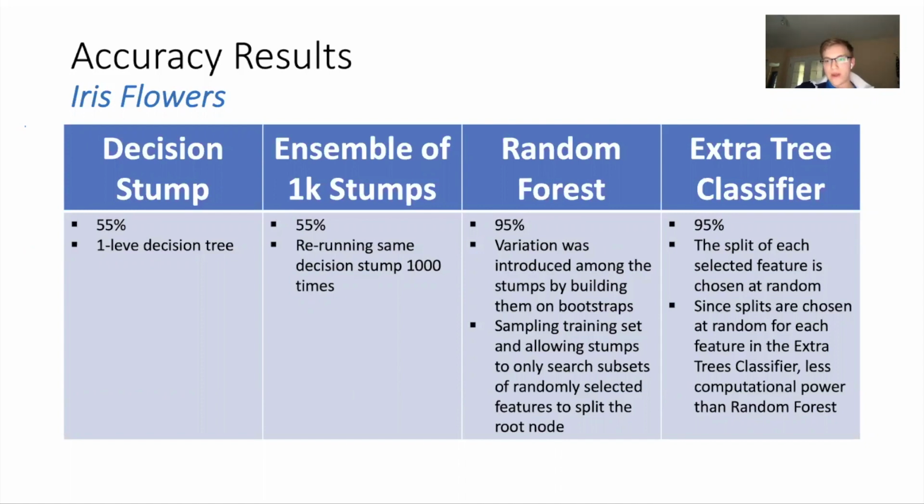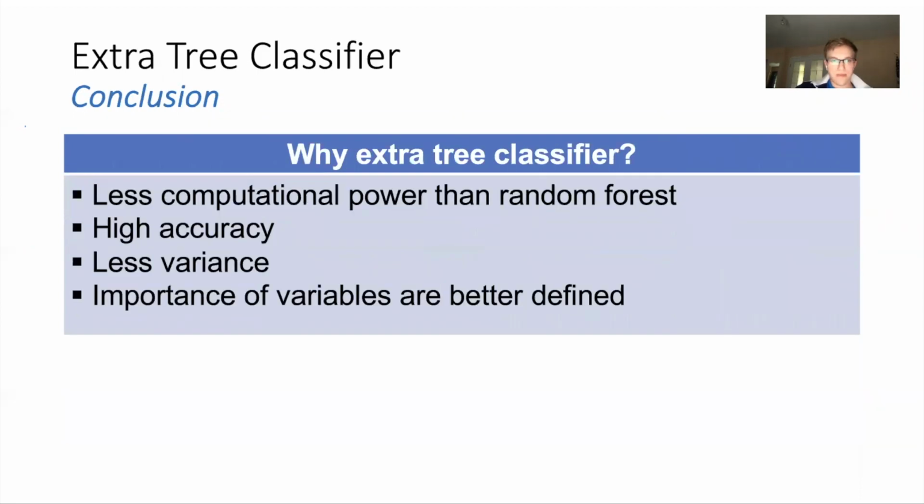But keep in mind, we introduced some additional variation when we use the extra tree classifier, because as we saw, since the splits are chosen at random for each feature, there's less computational power that's needed to run this compared to a random forest, and so it's much faster.